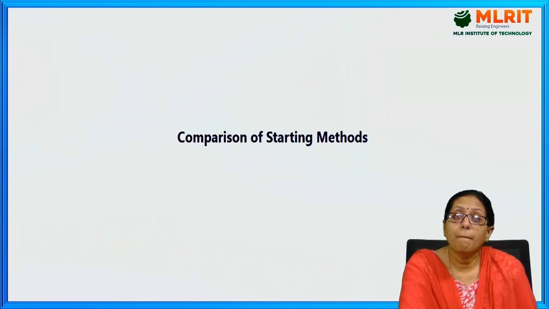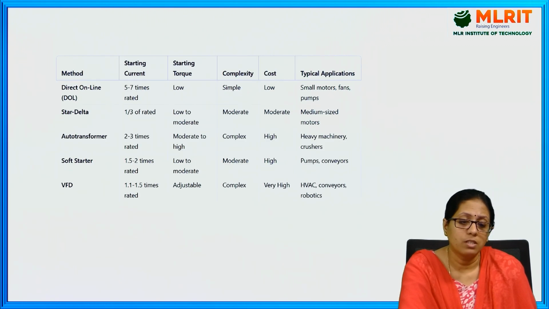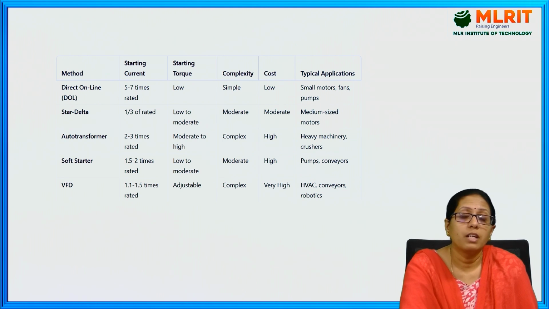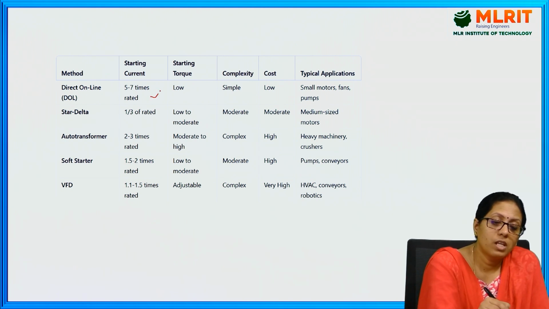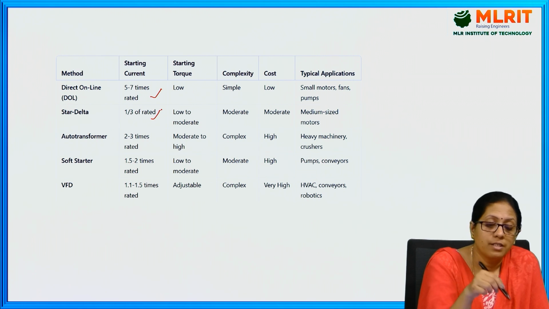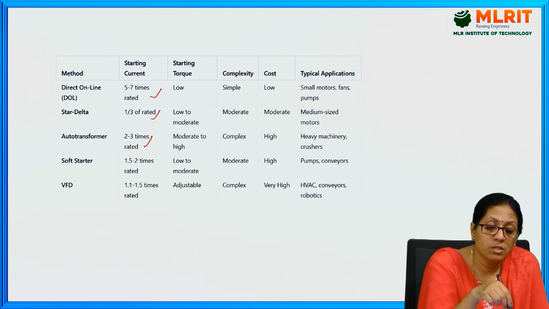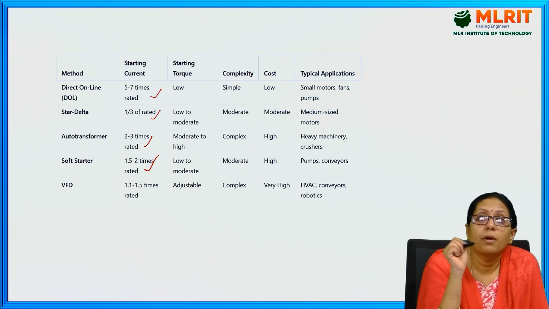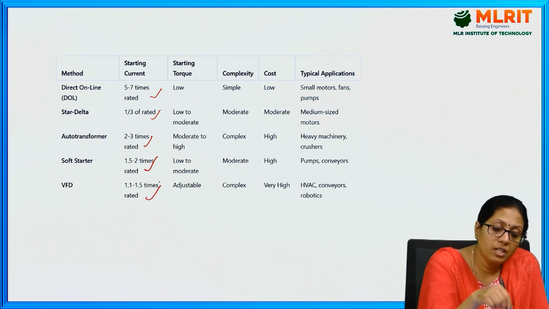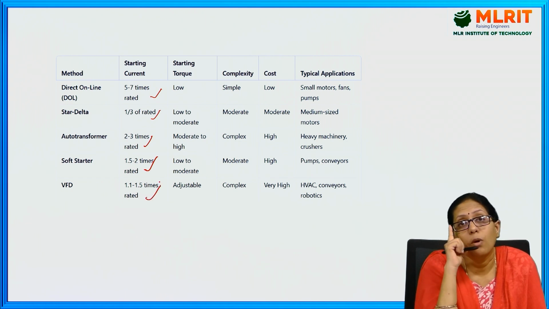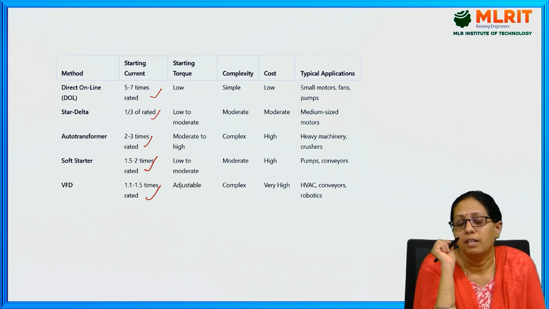Next one is comparison of the starting motors. Here you can see 5 to 7 times of rated current, 1/3 of the rated current, 2 to 3 times. It is reduced to 2 to 3 times. Now it is reduced to 1.5 to 2 times. And in VFD it is less than 1 time of the rated current.